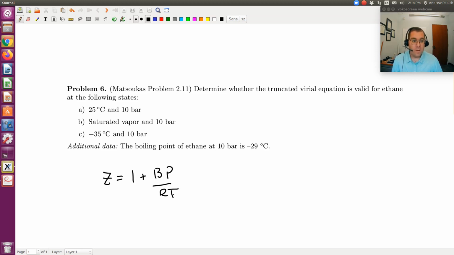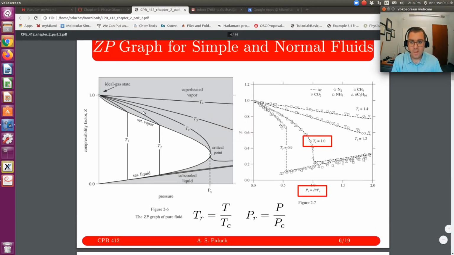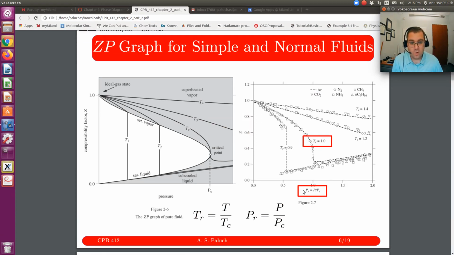We also said that for a given temperature, you could think of this as a Maclaurin series expansion about the ideal gas limit, P equal to 0. I'm going to flip over to our notes from the chapter, namely our Z versus P phase diagram, and then our Z versus P phase diagram in reduced coordinates, to give you an idea of exactly what this means.